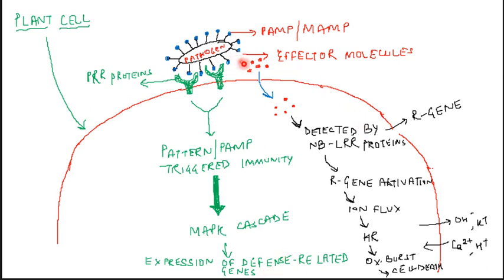Now when these pathogens release some molecules known as effector molecules or elicitor molecules, they are detected by nucleotide binding LRR proteins. These nucleotide binding LRR proteins are formed from the R gene.